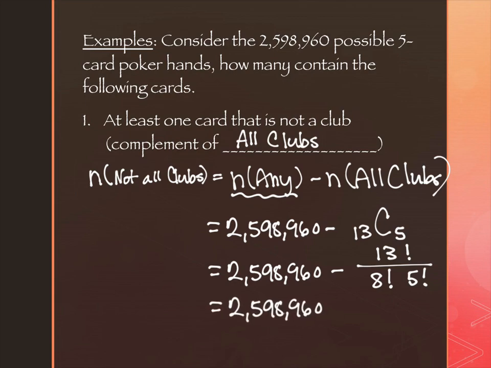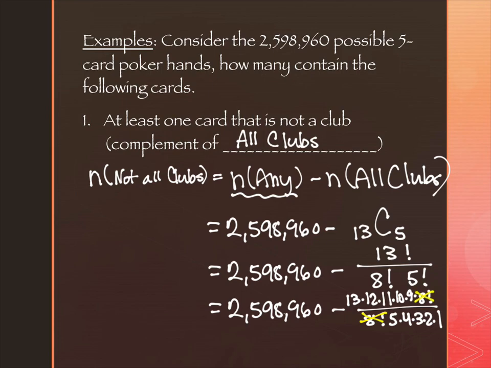All right, so we have that same 2 million number showing up again. We're going to write down our 13 until we get to 8. So 13, 12, 11, 10, 9, and 8 factorial over 8 factorial, and then 5, 4, 3, 2, and 1. So my 8 factorials are going to cancel.